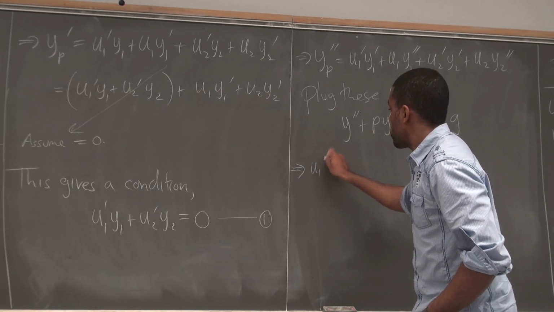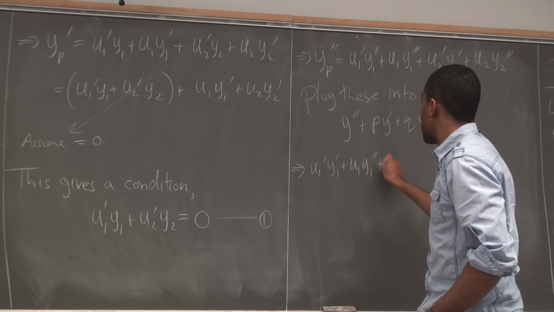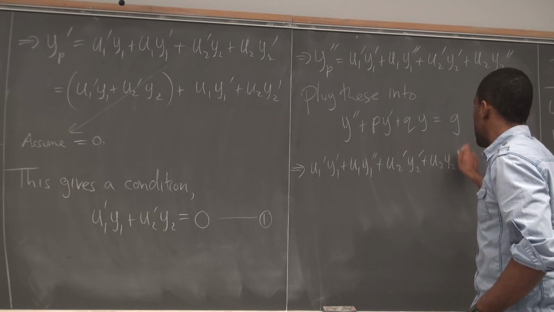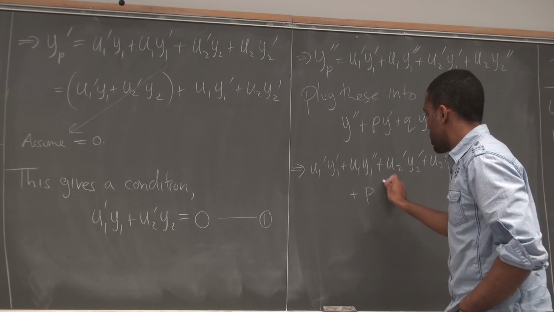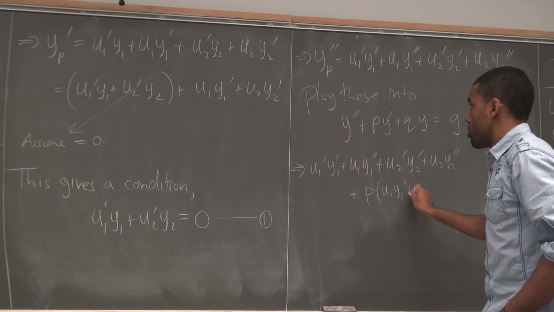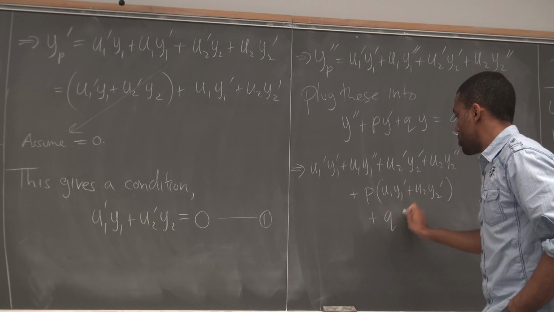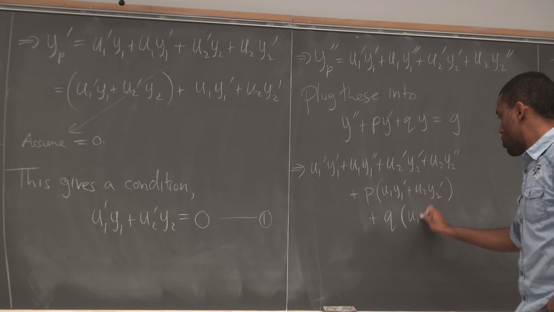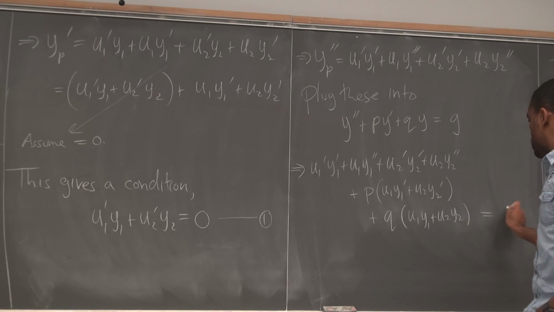I would get u1 prime y1 prime plus u1 y1 double prime plus u2 prime y2 prime plus u2 y2 double prime, plus p times that guy, u1 y1 prime plus u2 y2 prime, plus q times our original assumption, u1 y1 plus u2 y2, and this should be equal to g.